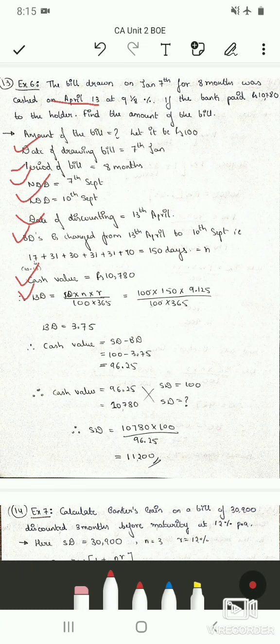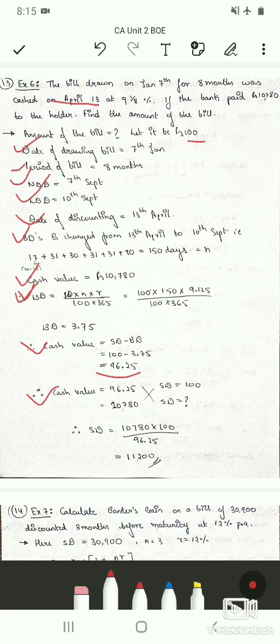So banker's discount will be, I have taken sum due or the amount of the bill to be 100 rupees. So now we will calculate banker's discount first. So it will be 100 into 150 into 9.125 divided by 100 into 365. So banker's discount, we got it as 3.75. So what will be the cash value? It is sum due minus banker's discount. So cash value is 96.25.